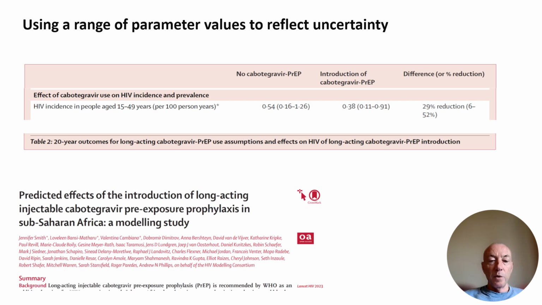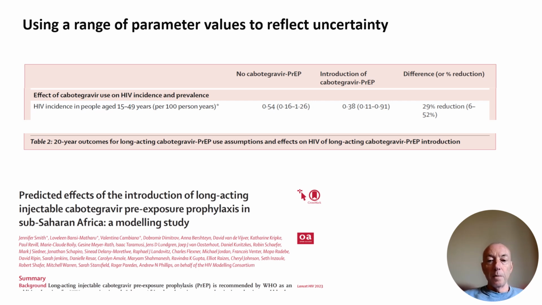And you can see that without its introduction, the projected average incidence over the next 20 years was 0.54. And you can see there's an uncertainty range there reflecting the variability across model runs. And then in the second column, you can see the incidence with the introduction of cabotegravir PrEP, which is 0.38, again with its uncertainty range.